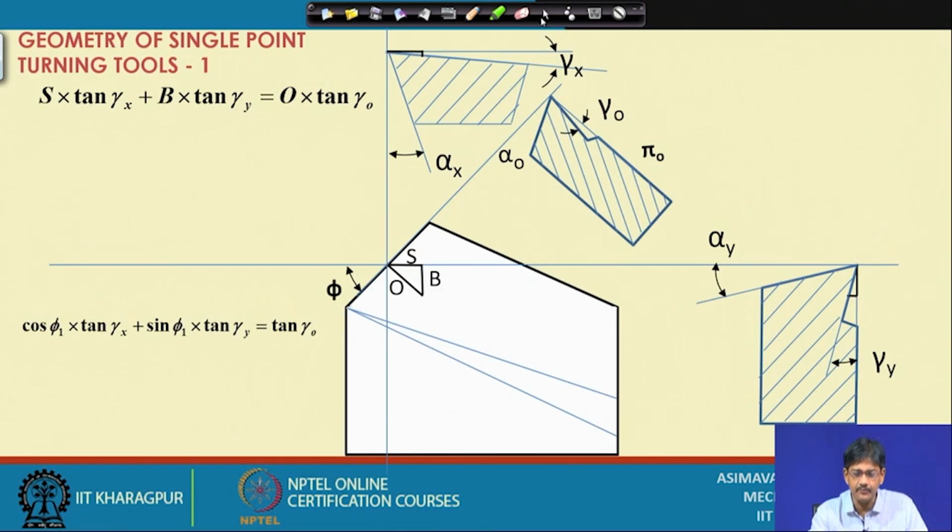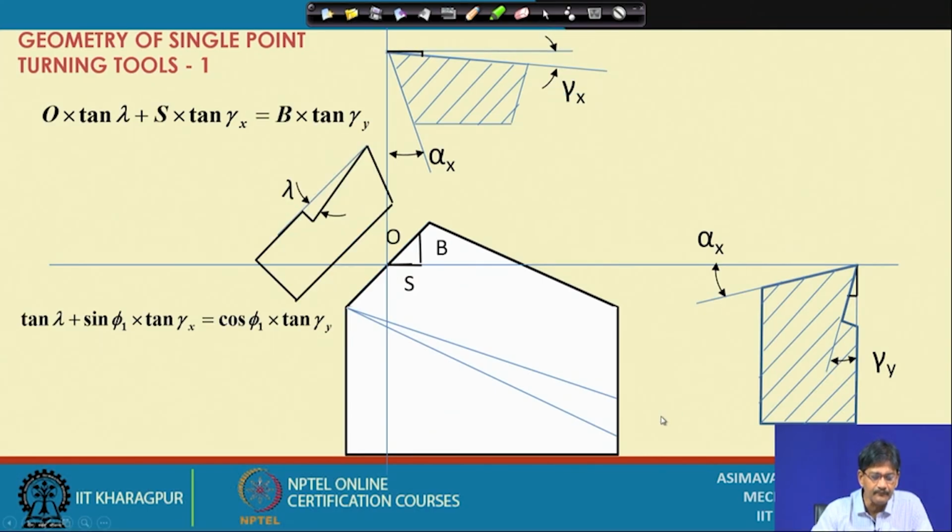Okay. In the second problem, we want to express a relationship between lambda, gamma x, gamma y. You might say, what was the relation that we expressed in the previous one?